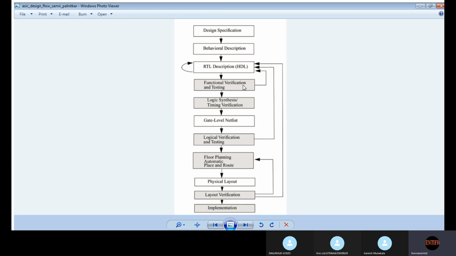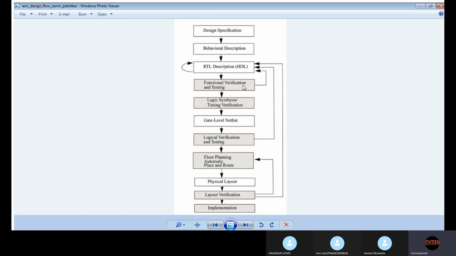Let us suppose an 8-bit adder, you will be giving different combinations of inputs, and for that particular combination of inputs you should get the expected output. That is what is called functional verification. You will be testing your code, in software only.